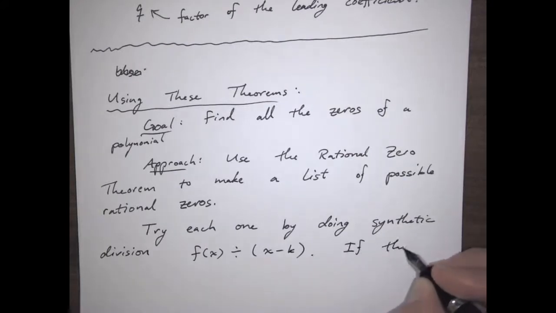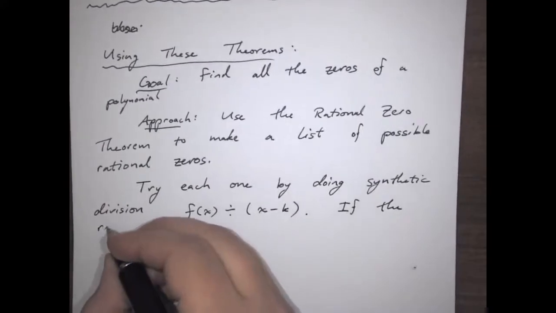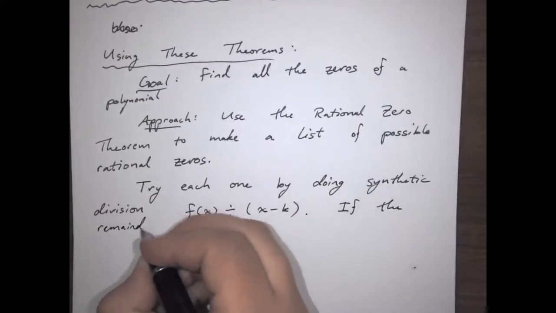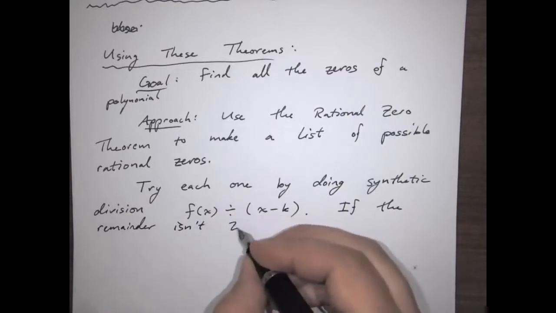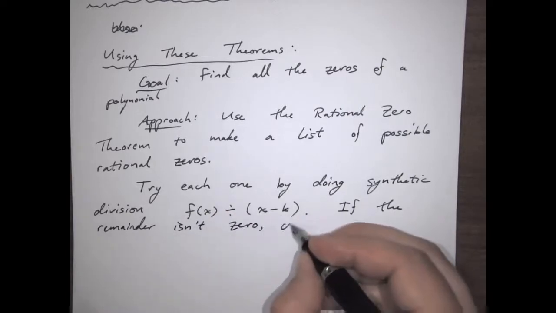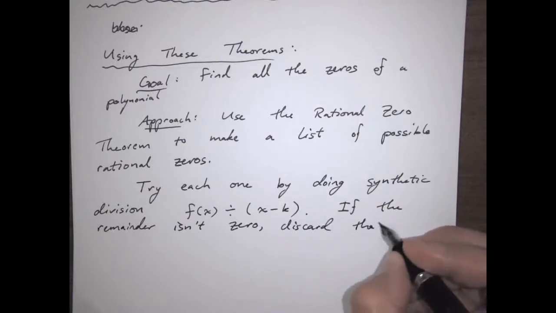If the remainder isn't 0, discard that candidate.